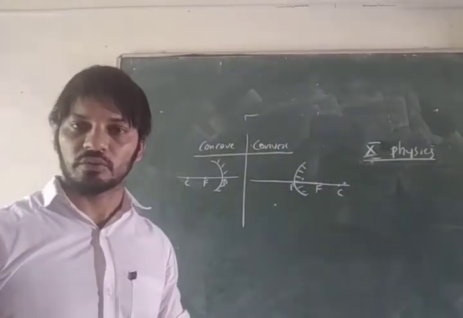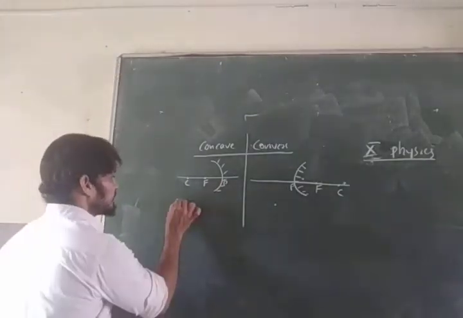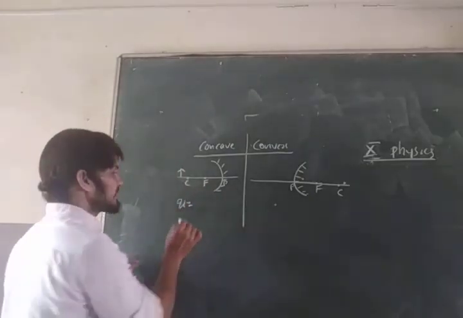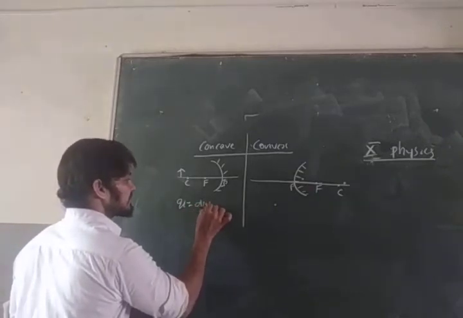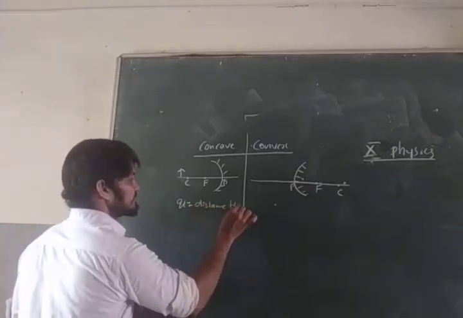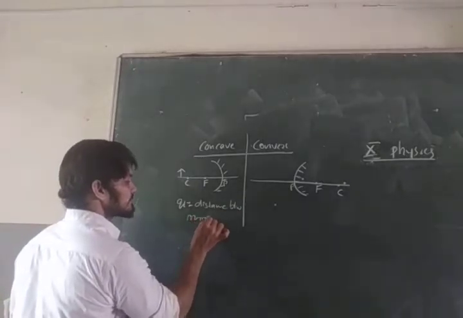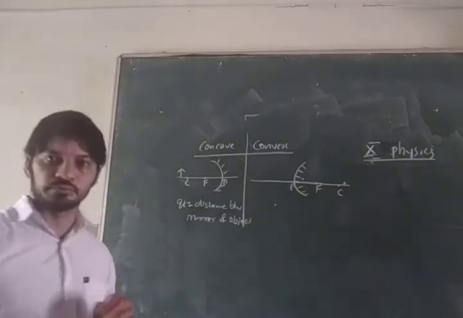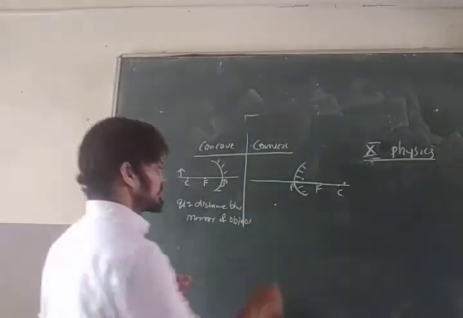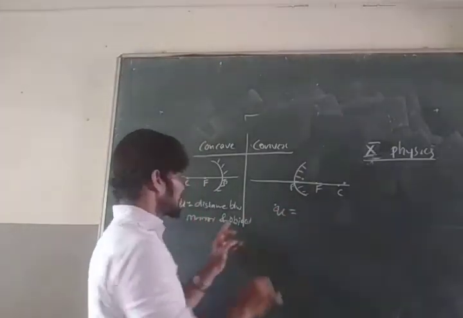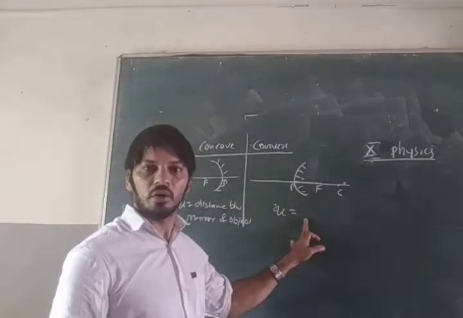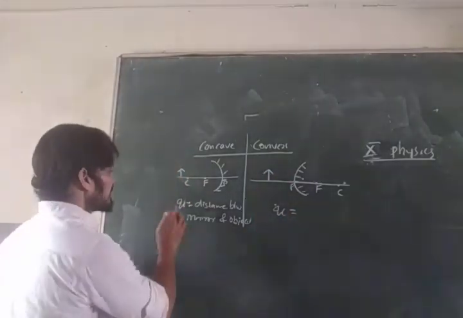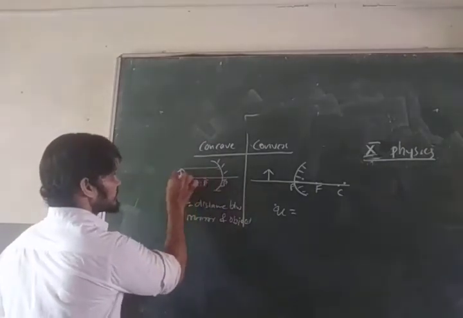This I already told. After that, U means the object distance: the distance between the mirror and the object. The object may be here, and U is the distance between the object and mirror.